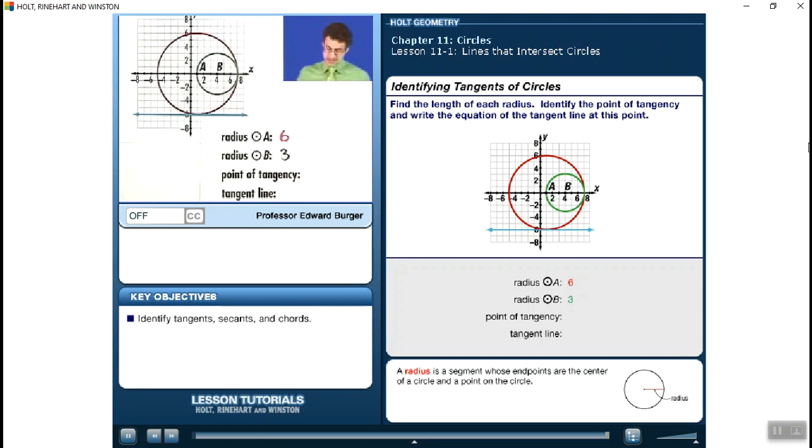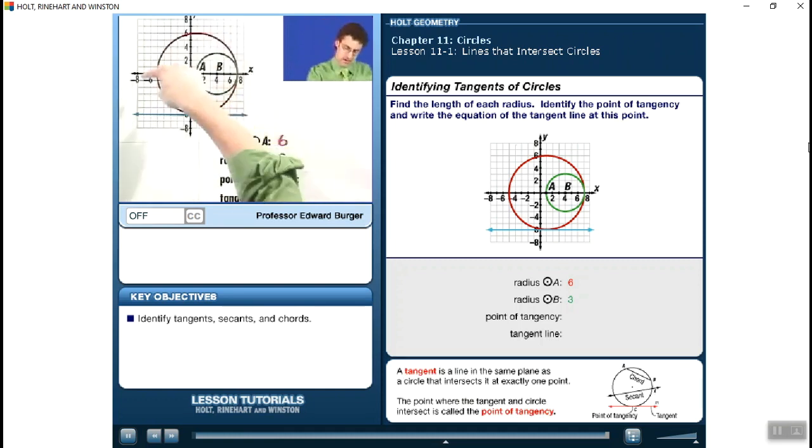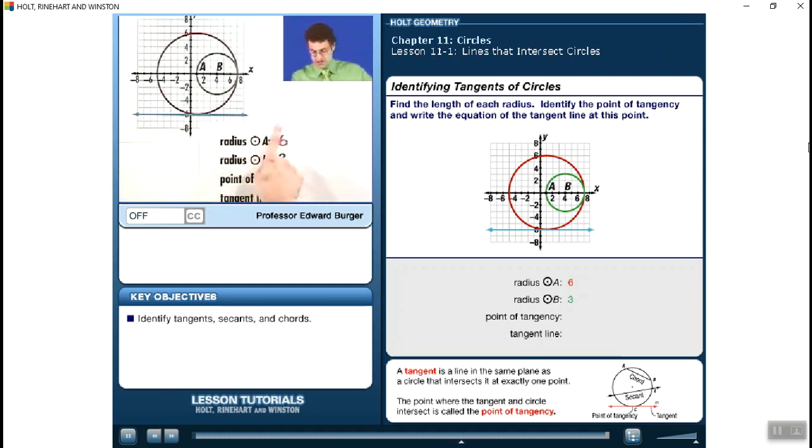What in fact is the coordinate of the point of tangency? Now, the point of tangency is the place where a tangent line grazes a circle. And you can see here that this red circle actually has a tangent line to it. That's the blue. The blue is tangent to the red circle A. And where's the point of tangency?